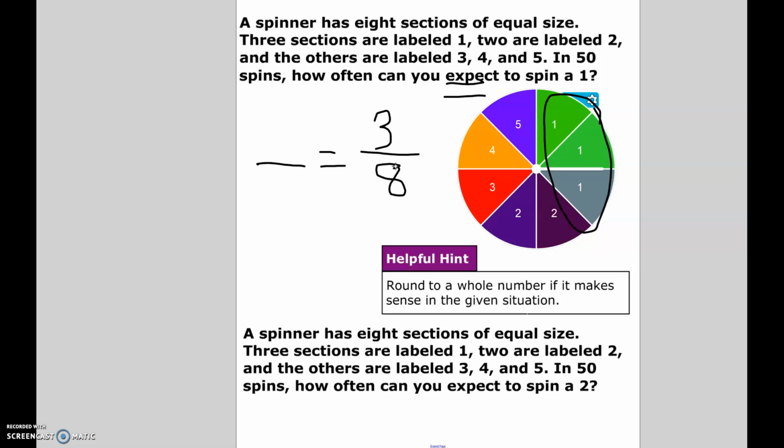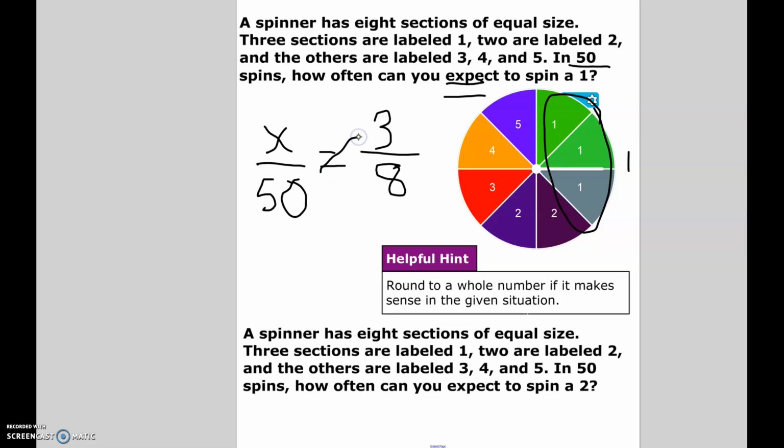And then on the left side, it's, well, if I do this 50 times, how many times can I expect to get a 1? 1 is nowhere in this proportion, the number 1. I count how many say 1. 3 of them say 1. 3 out of 8 equals x out of 50.